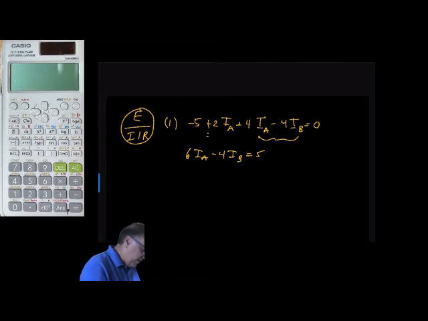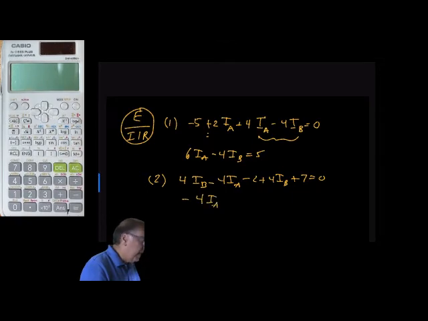And then equation 2 is 4 IB minus 4 IA minus 2 plus 4 IB plus 7 equals 0. And that becomes minus 4 IA plus 8 IB equals 7.